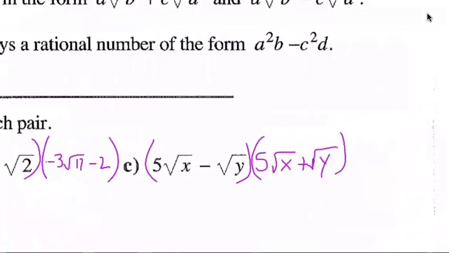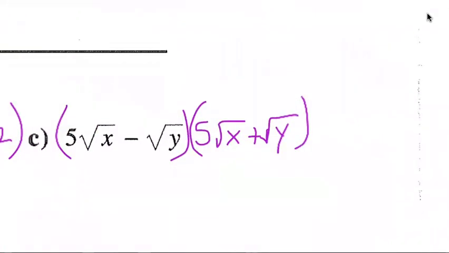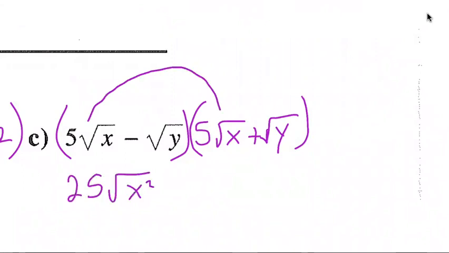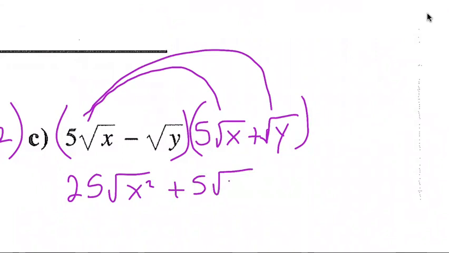But if we do C, 5 square root x minus square root y times 5 square root x plus square root y. 5 root x times 5 root x is 25 square root x squared. 5 root x times square root y is 5 square root x y. Root y times 5 square root x is minus 5 square root x y.